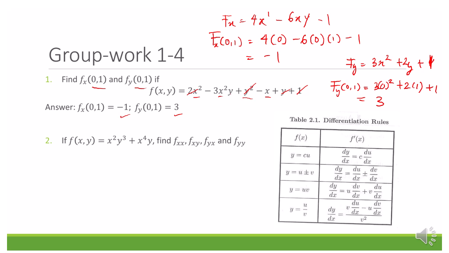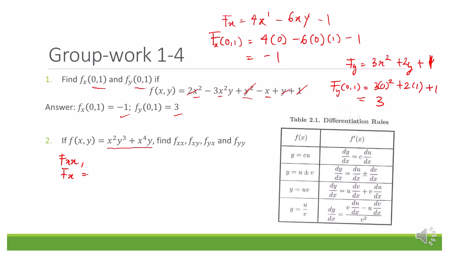Let's take a look at the second question. The function is this, and we have to find fxx. First of all, we need to differentiate in terms of x to get fx.